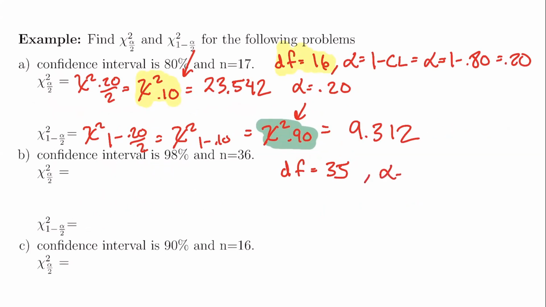Alpha is equal to 1 minus 0.98, so that's 0.02. So we're going to say chi-square of 0.02 divided by 2, which gives me chi-square of 0.01. Any question for chi-square of 0.01?